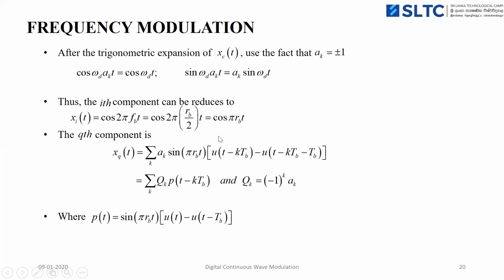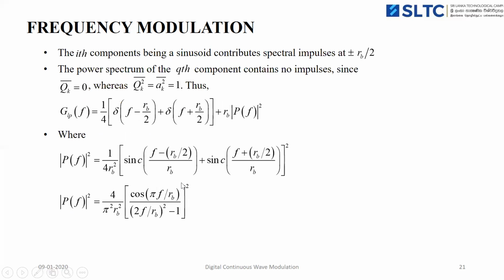So from this in-phase and quadrature component, we can see the final expression. For the in-phase component, there is the cosine function present, but for the Q component, there is no cosine function, only the rectangular pulse is present. Hence, the I component, being a sinusoid, contributes some spectral impulses at the frequency of fc plus or minus Rb by 2.